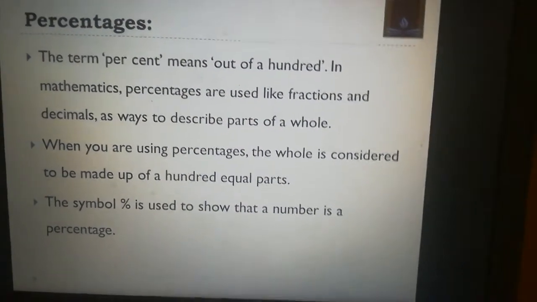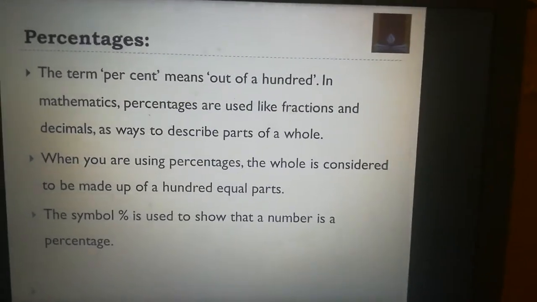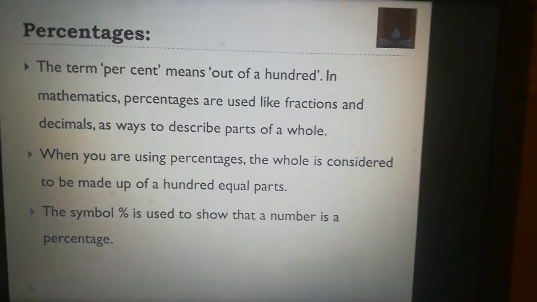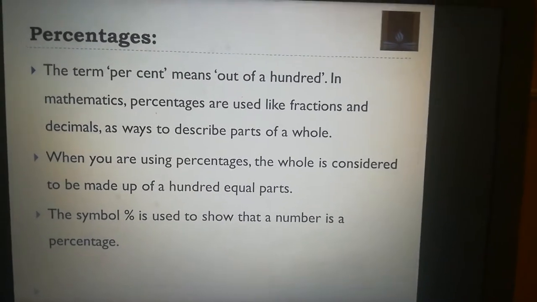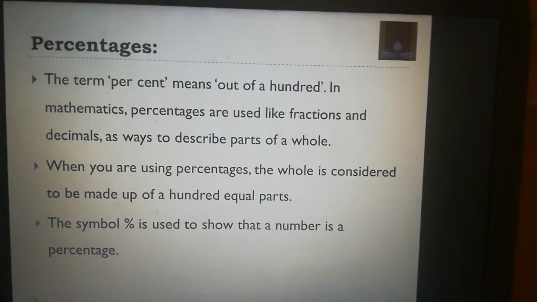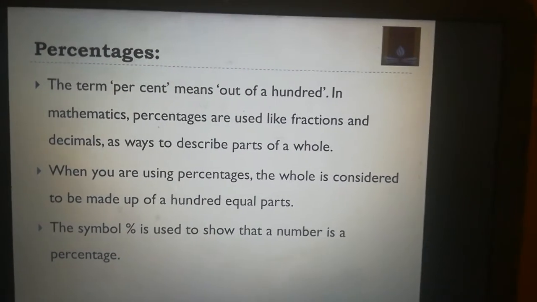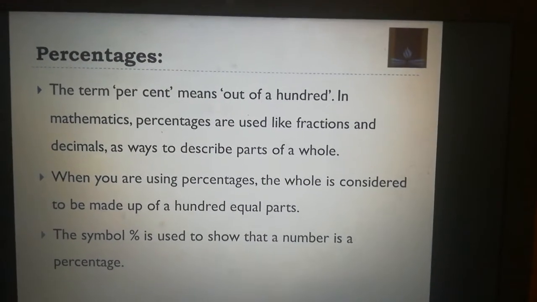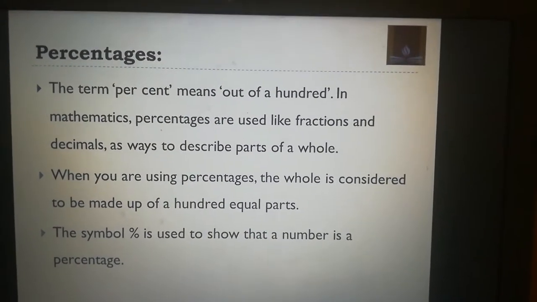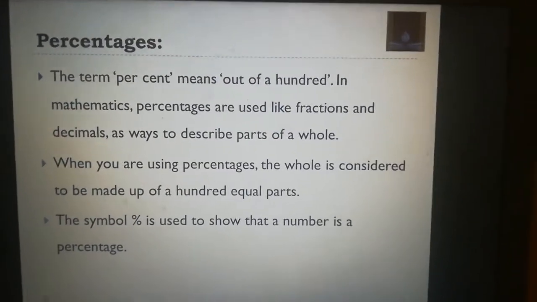The other commonly used term is percentage. As you know, percent means out of 100, how much you scored. It is usually represented by the percentage symbol. When we are using percentage, the whole is considered to be made up of 100 equal parts.